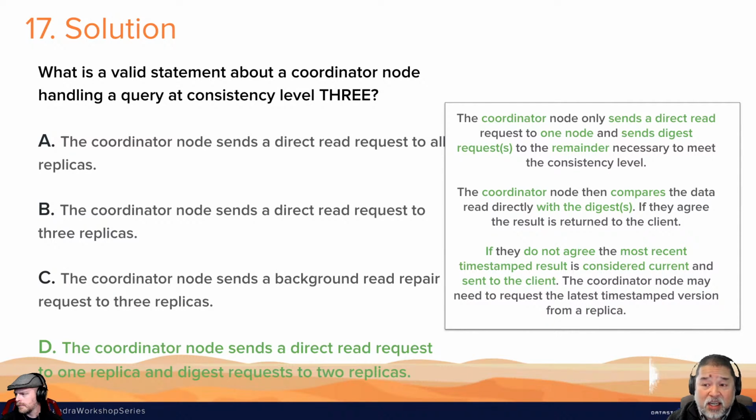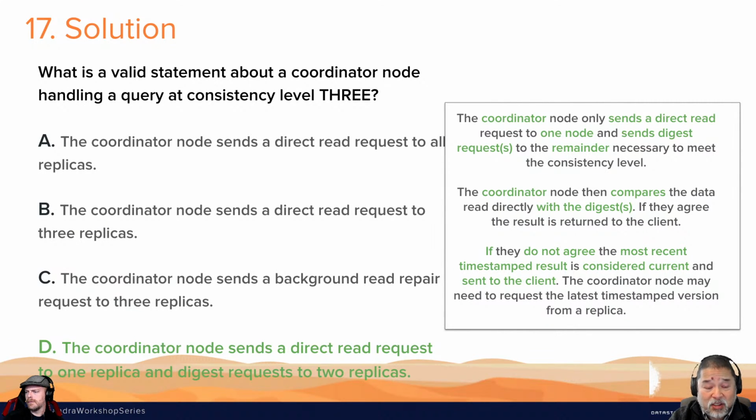And then it sends a digest request to 2 other replicas. The digest request returns just a digest of the data. The coordinator node then creates a digest of the real data that it received from one node and compares it with the digests it received from the others, like a checksum. It's very small. And if they all match, the coordinator sends the data back.